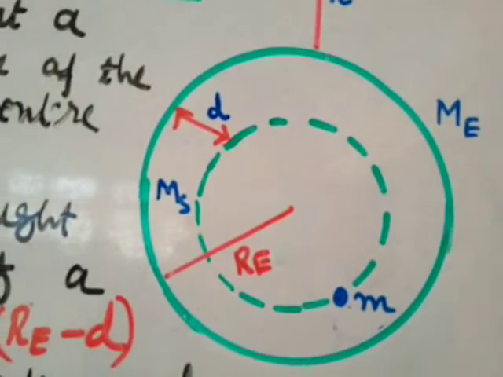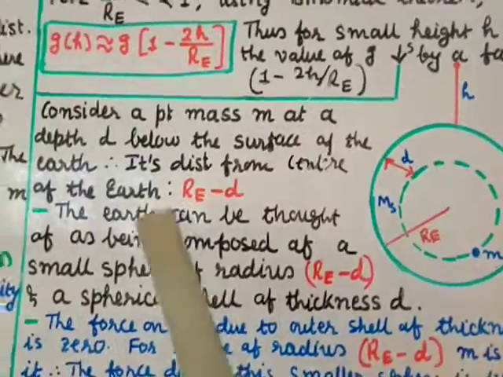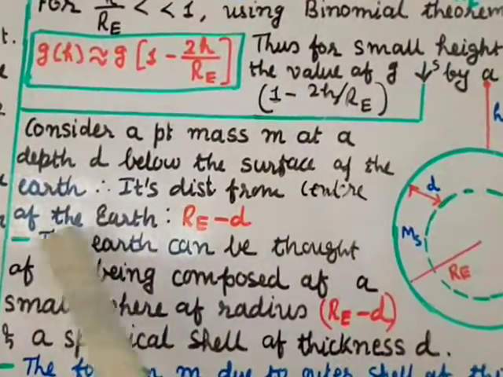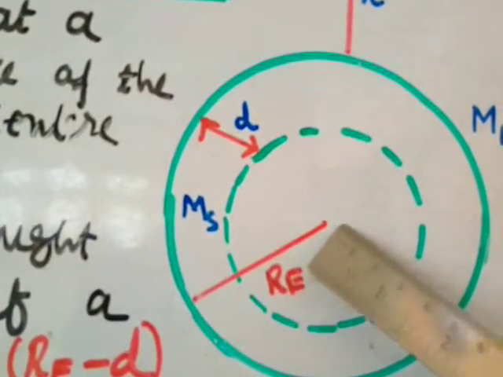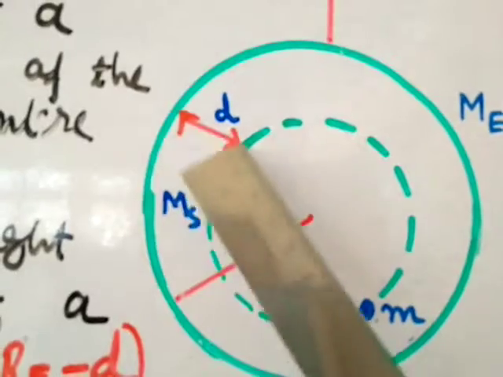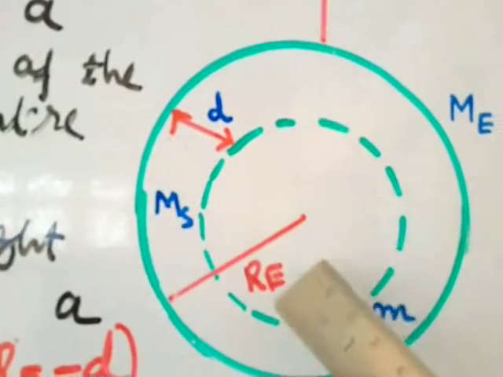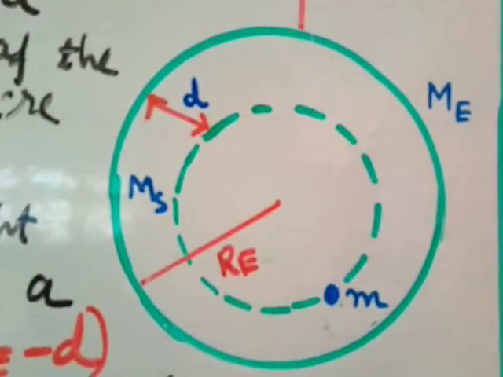Therefore its distance from the center of the earth is Re minus d, because the total distance from the center to the surface is Re. I am taking the mass at depth d, so the distance from the center to the mass will be Re minus d.